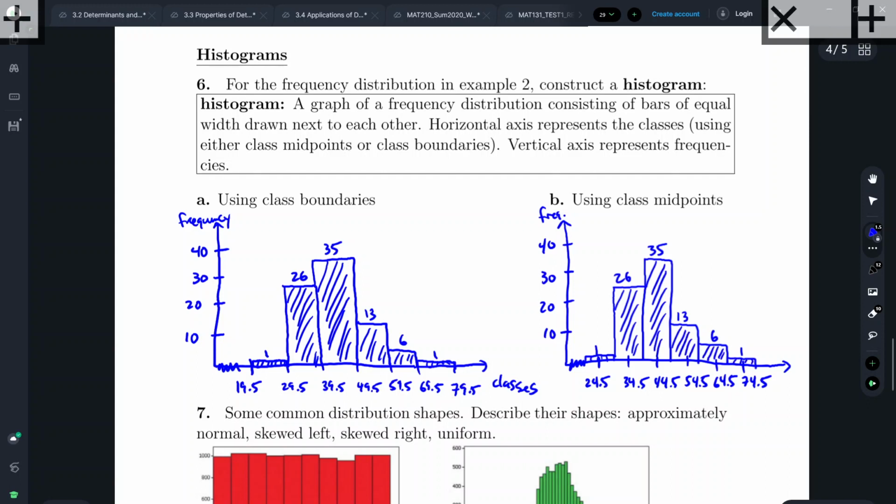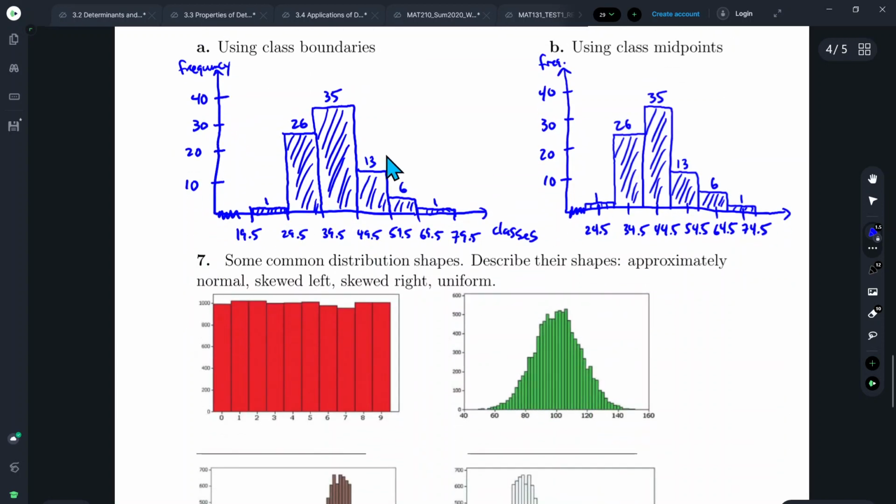And so by turning the ordinary frequency distribution into this bar chart, that's a histogram, it allows us to visualize the shape of the data, right? So the horizontal axis represents the classes, and the vertical axis represents the frequencies. And so again, now we can describe the shapes of the distribution.